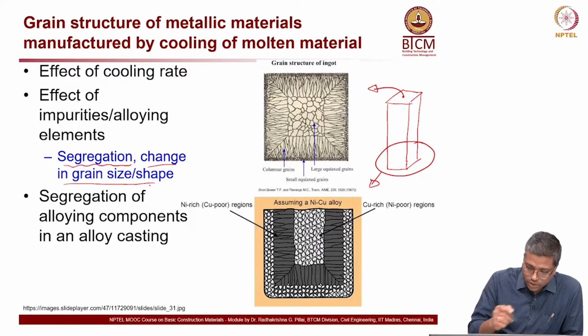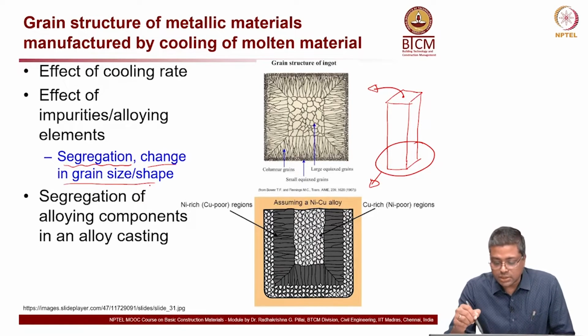Okay. So, an example is here. You can see in the top picture, the cross section, that near the surface it is actually very fine grain. And then you have some region where you have elongated grains.